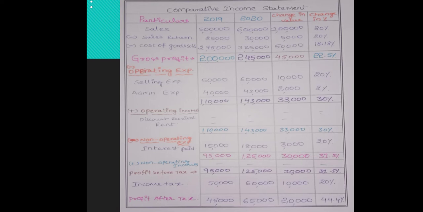In the particulars column, sales is given as 5 lakhs for the base year and 6 lakhs for the current year. We need to remember the formula.